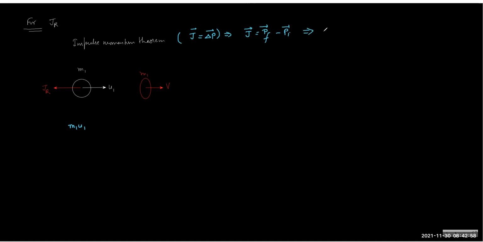I have kept everything in one dimension to keep it simple, not to use the vector sign. We can say the initial momentum is m1 u1, and the impulse is going to support the momentum or oppose the momentum. Tell me, guys.